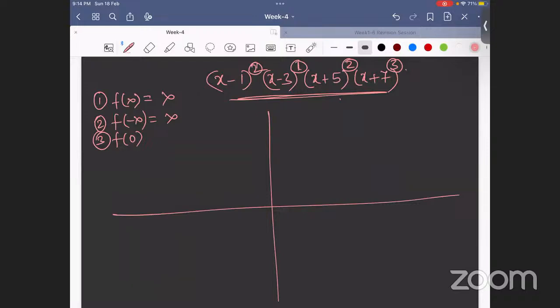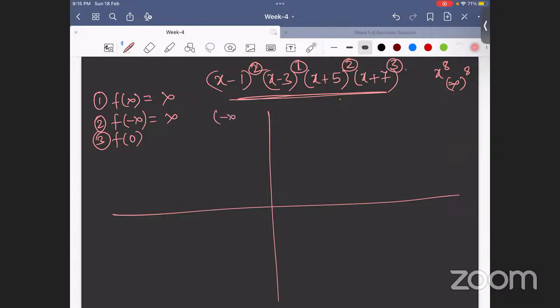Yes, it will be positive infinity, because you can see the degree of this polynomial: 3 plus 2 is 5, plus 1 is 6, plus 2 is 8. So x to the power 8 is coming, right? If I put in infinity to the power 8 or minus infinity to the power 8, we get infinity only. If you are not able to see it from here, you can directly put in the value.